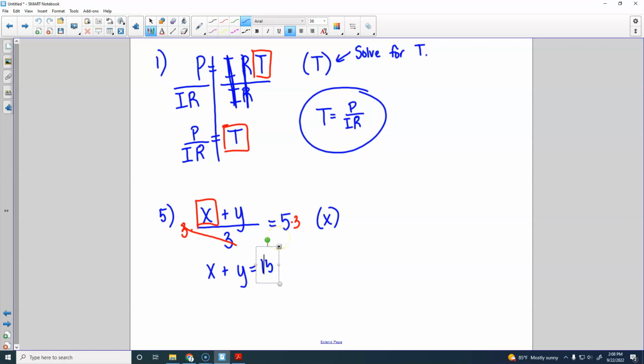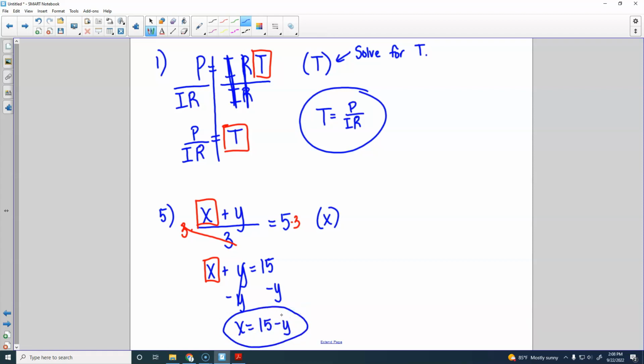We could actually do that, right, because those were two numbers. Then, Anya, I'm trying to get rid of the plus y. How am I going to do that? Subtract. So I will subtract y. I can't actually subtract y from 15 because those are not like terms. So I just leave it like this, 15 minus y. And that would be my answer.